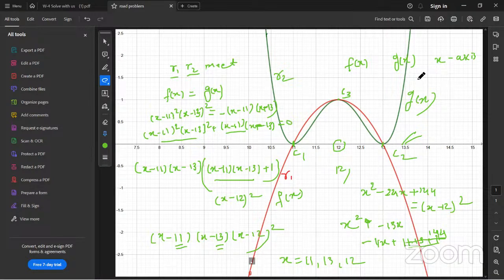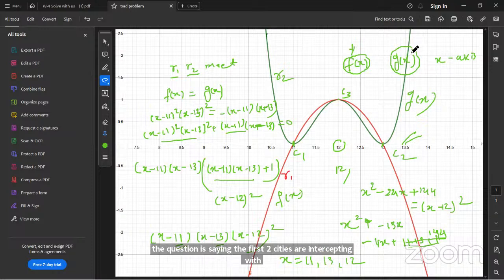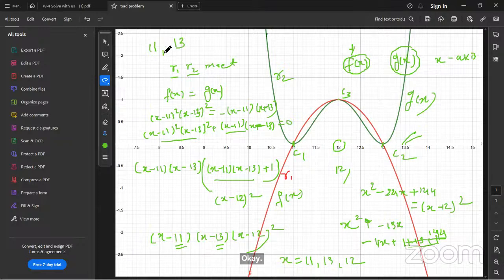It means if you are able to find the roots of f(x) and the roots of g(x), you are done. For f(x), what are your roots? 11 and 13. For g(x), what are your roots? 11 and 13.